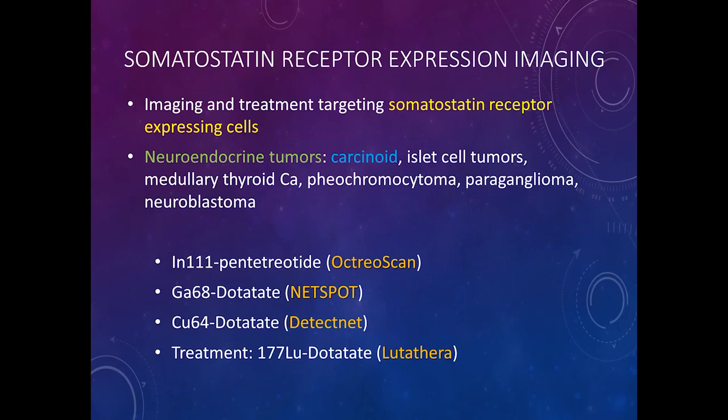We have the same octreotide type substance labeled with beta emitter lutetium-177. So we got DOTATATE labeled with lutetium-177, and we can treat tumors that express somatostatin receptors. And this is FDA approved, and this treatment is called Lutathera.